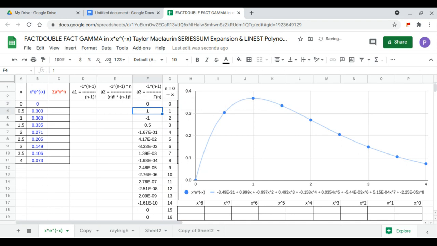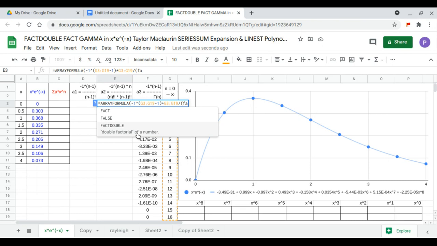Otherwise, calculate. We continue with the double factorial, which is equal to array formula. Minus 1 raised to the power the quantity n minus 1 times, that's the first part, the second part, times n divided by, now there are two parts, double factorial of n.